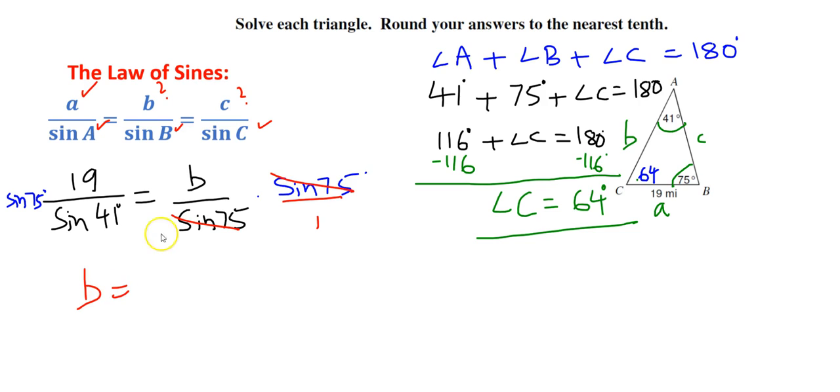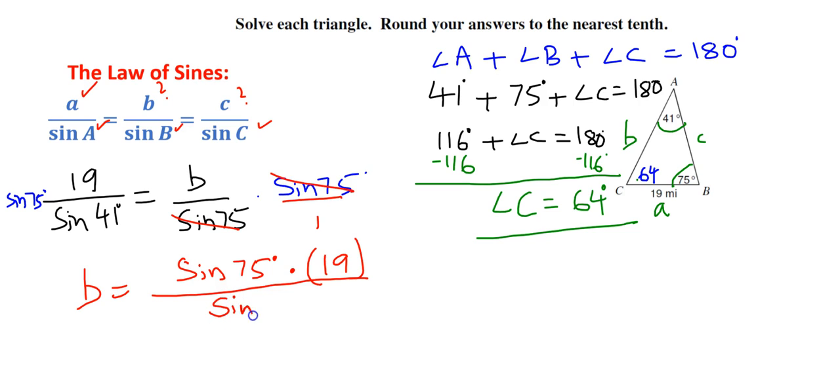B equal to sine 75 degrees times 19 over sine 41 degrees. Now use your calculator.